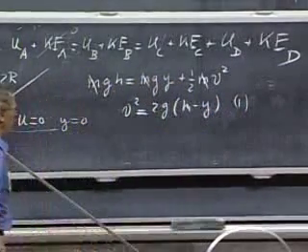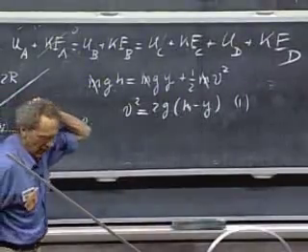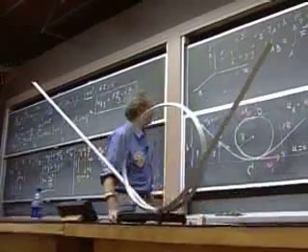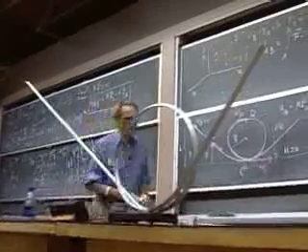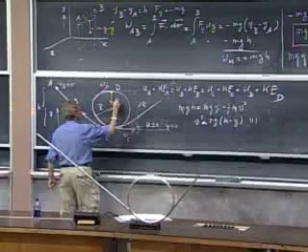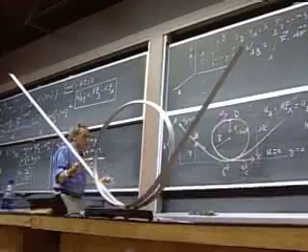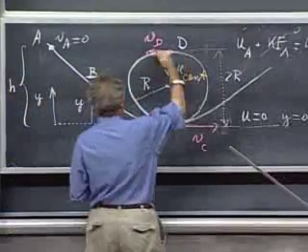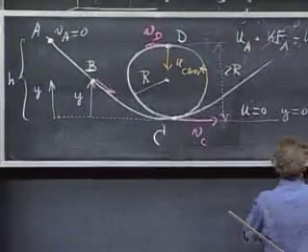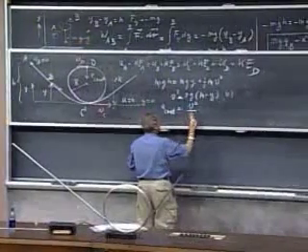So this should hold for all these points. Therefore, it should also hold for point D. However, at point D, there is something very important. There is a requirement that there is a centripetal acceleration, which is in this direction, a centripetal. And that centripetal acceleration is a must for this object to reach that point D. And that centripetal acceleration, as we remember from when we played with the bucket of water, is v squared divided by r.